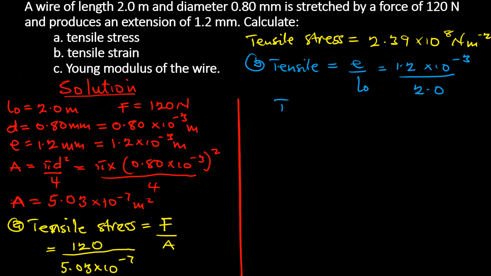So therefore tensile strain will be equal to, let's use a calculator, so 1.2 times 10 to the power minus 3 divided by 2. This will give us 6.0 times 10 to the power minus 4. And tensile strain has no unit. Please don't forget.